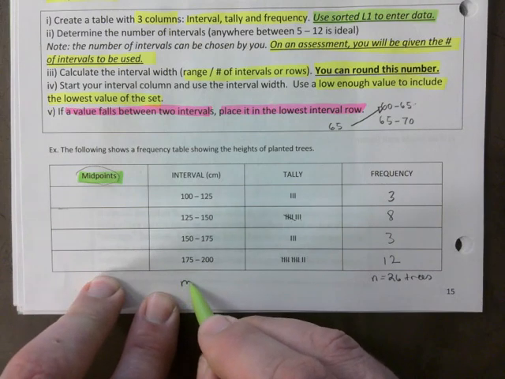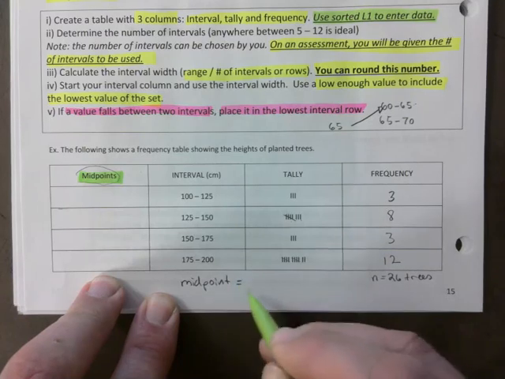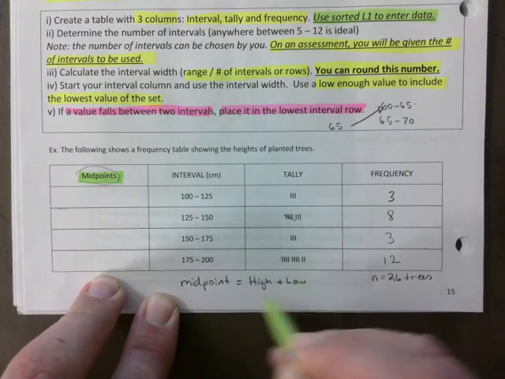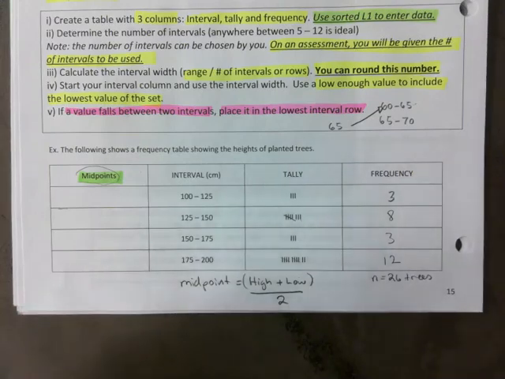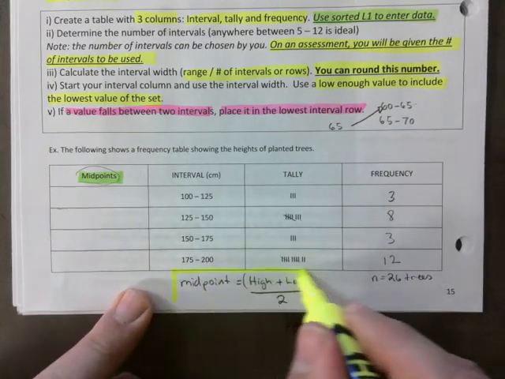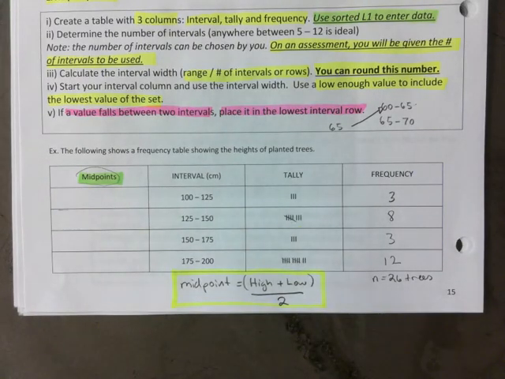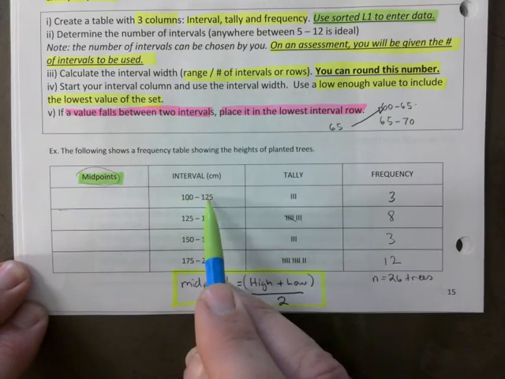Write down this formula here. Midpoint, right? It's high plus low in brackets divided by 2. High plus low divided by 2. How does that work? This is an interval, so this is the low, this is the high.